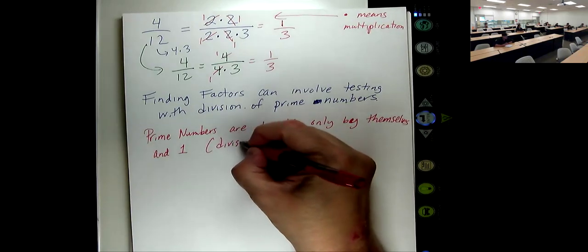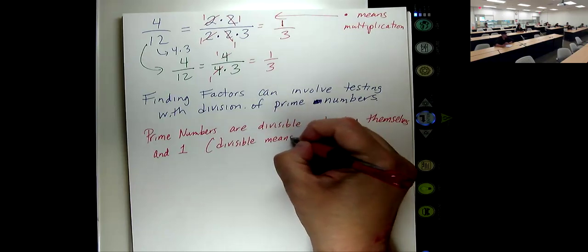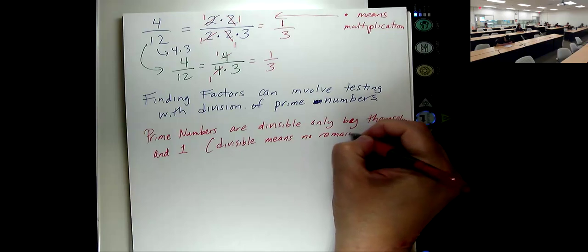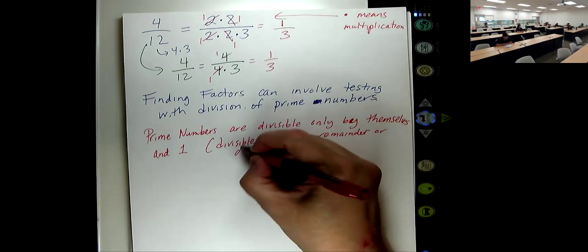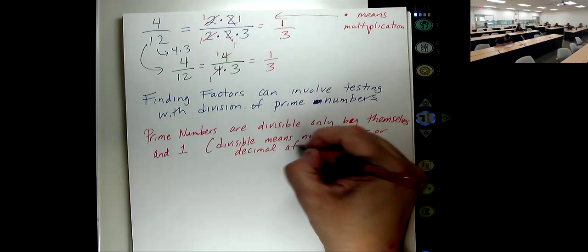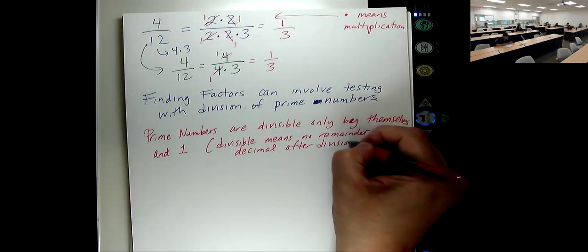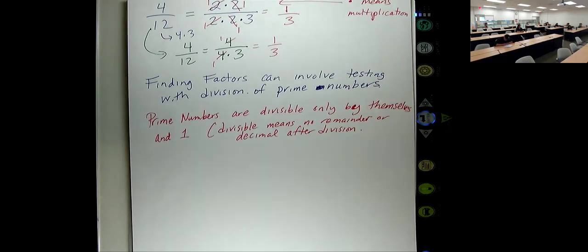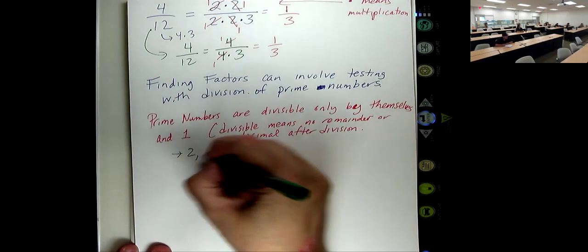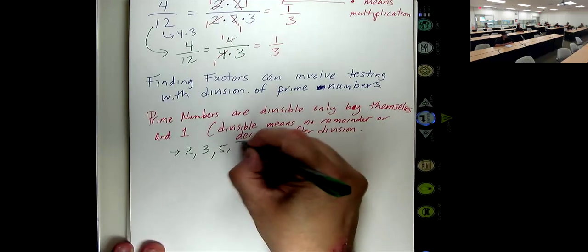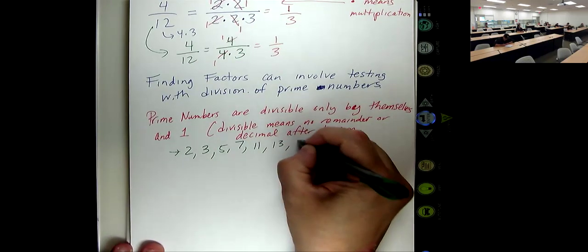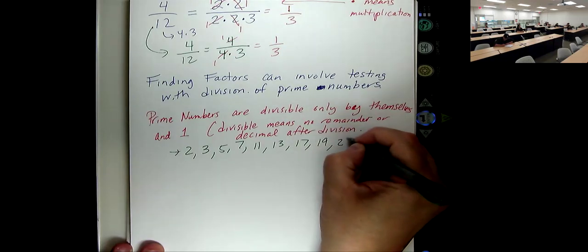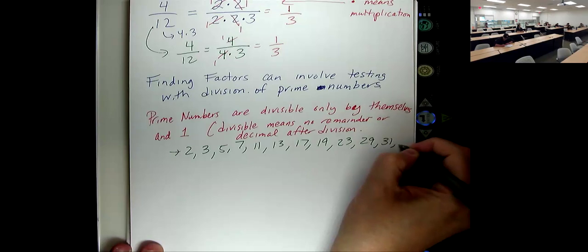Divisible means no remainder after division, or decimal after division. So these numbers start at 2: 2, 3, 5, 7, 11, 13, 17, 19, 23, 29, 31, and it keeps going.